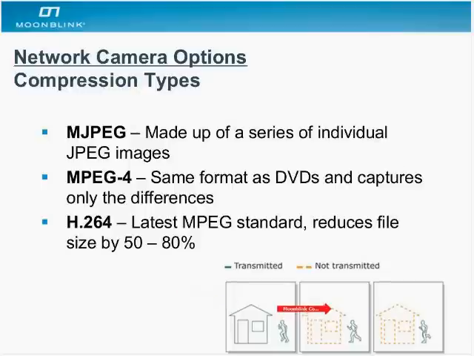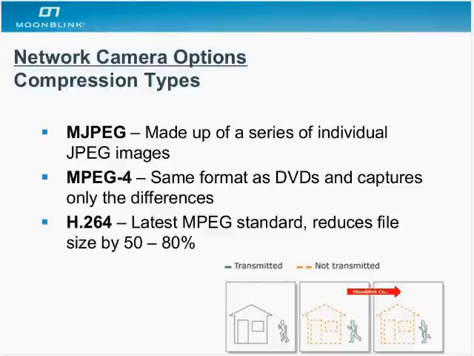It will only transfer the motion and the animation of the person running towards the house. So it doesn't actually have to take every piece of information. The advantage here is that you have less storage space. You still get more or less the same performance and results that you get from Motion JPEG, but you just don't have to use as much storage on your hard drives or wherever you're storing your information.